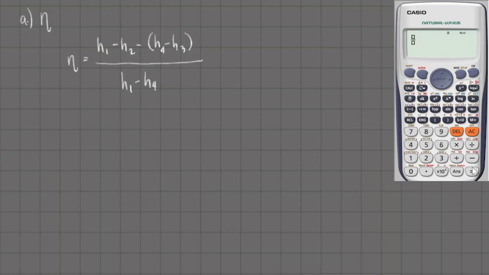Substituting, that is (H1 2757.94 minus H2 1841.05 minus (H4 398.29 minus H3 390.98)) divided by (H1 2757.94 minus H4 398.29). Our new efficiency is only 0.3855.